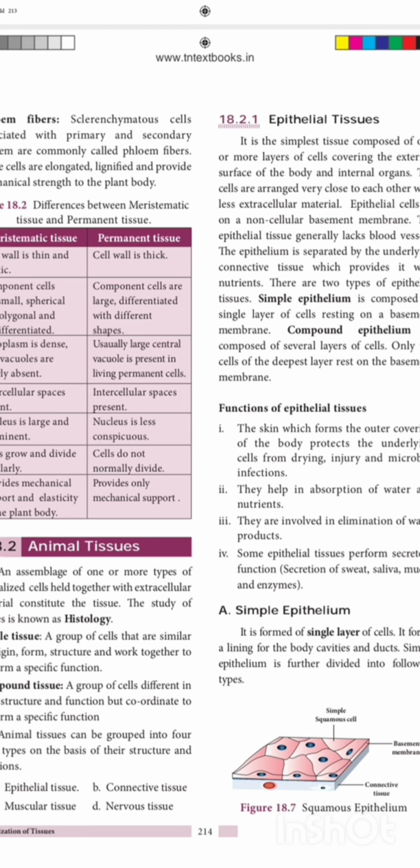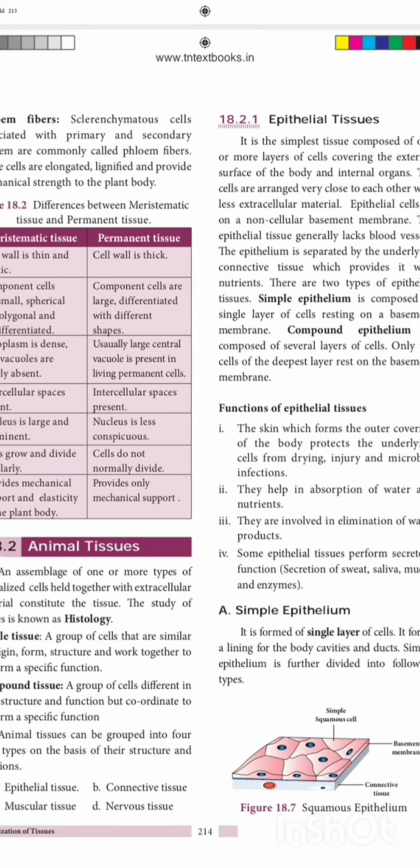They help in absorption of water and nutrients. The third one is excretion. They are involved in elimination of waste. Thus, it takes part in the excretion process. Some epithelial tissues perform secretory function, that is secretion of sweat, saliva, mucus and enzymes.